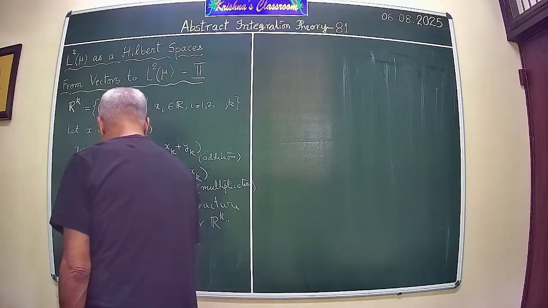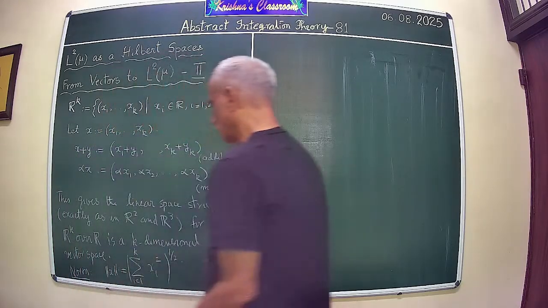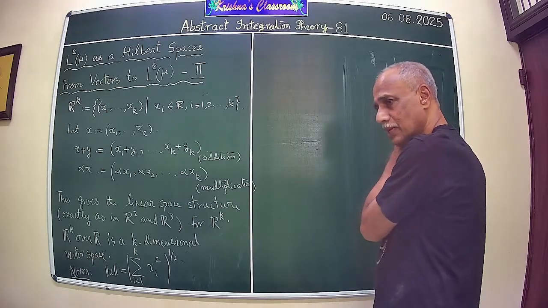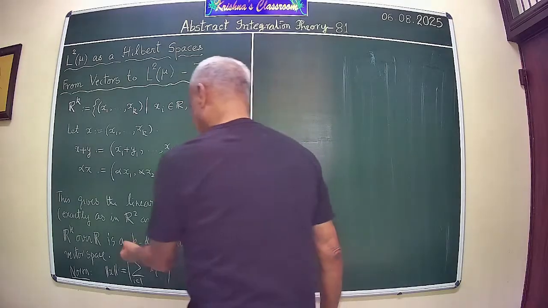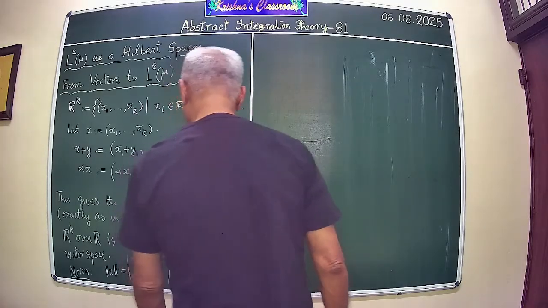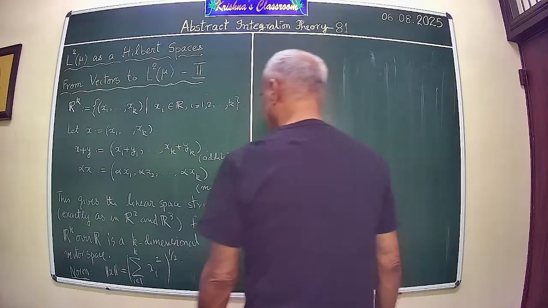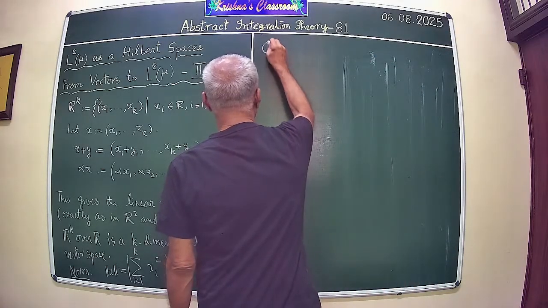Okay. Therefore, with some effort, you can show that this satisfies the following. We shall see the general case and then the proof will be there. But in this case, you can specifically work it out. You can show the following.